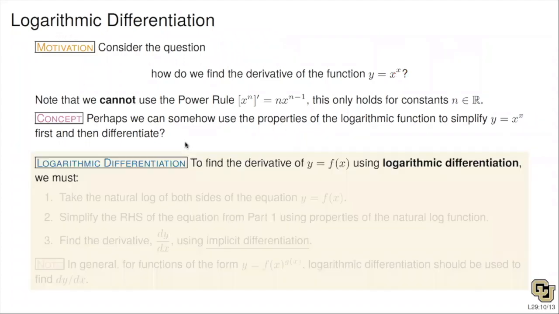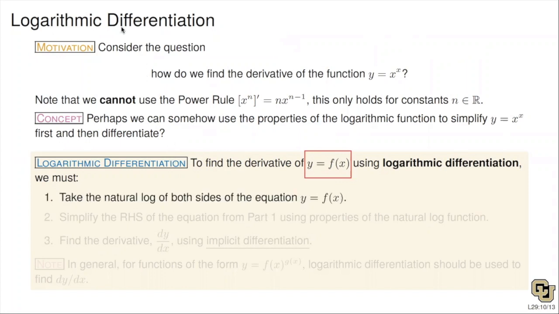So here's the theory of logarithmic differentiation, and I'll start here next time, but let me just go over the steps really quickly. I want to find dy/dx, to find y prime, the derivative of y equal to f of x, using a technique called logarithmic differentiation. Here are the steps.